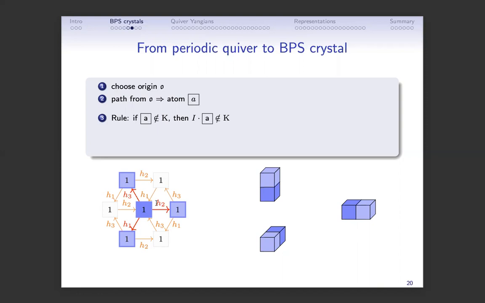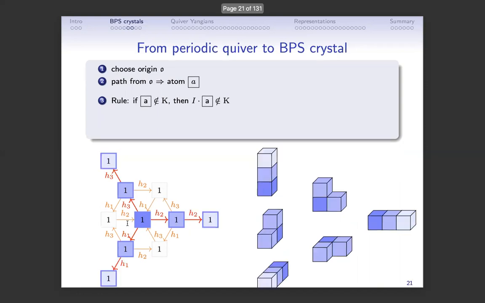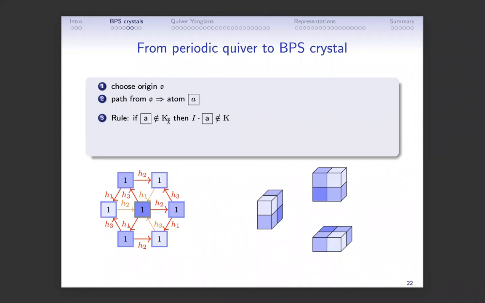So this is the first atom, and these are the 3 atoms that correspond to these 3 paths. For example, this atom here corresponds to this path or this path.